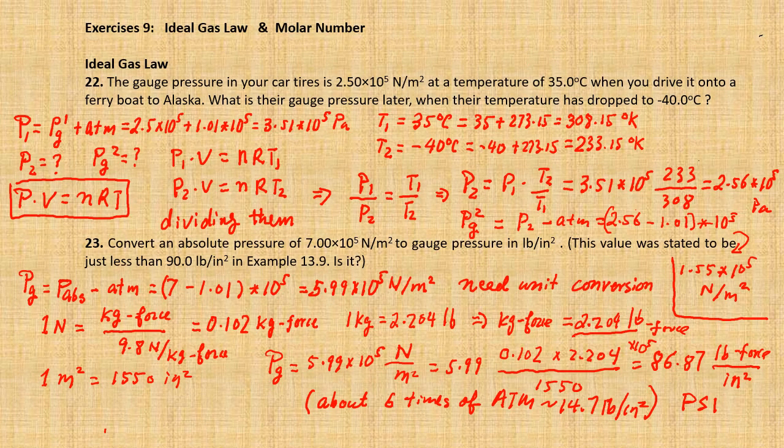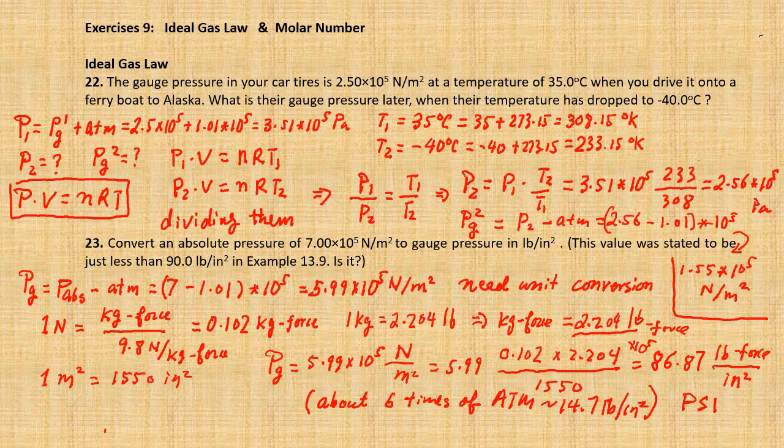Ideal gas law questions, number 22. The gauge pressure in your car tire is 2.5 times 10 to the fifth Newtons per meter squared. That's Pascal. And at a temperature of 35 degrees Celsius. So you have pressure and temperature in one situation.